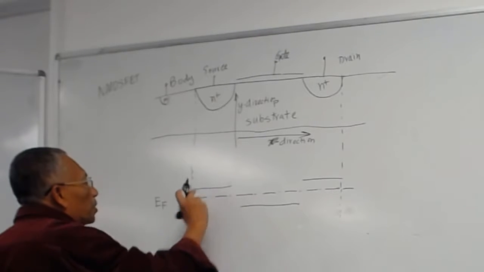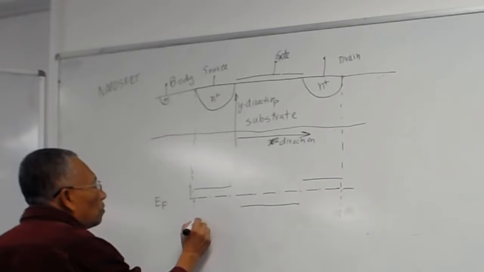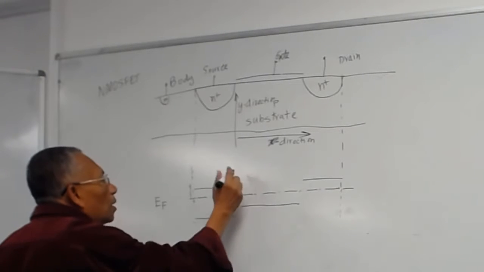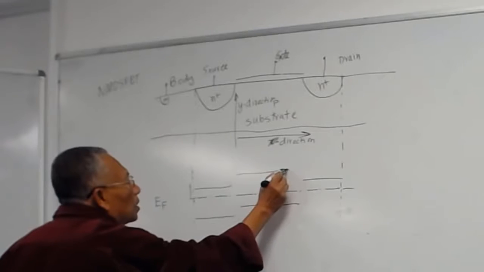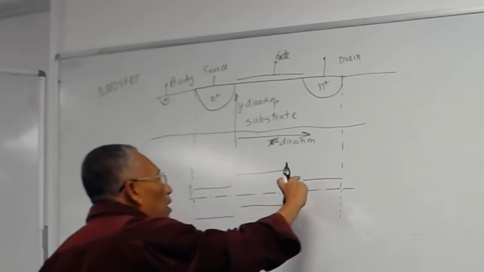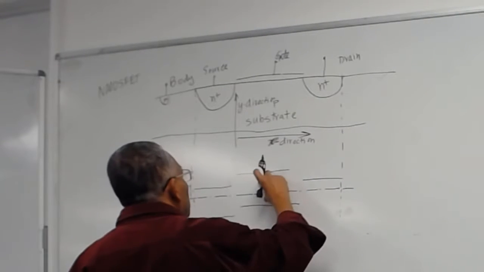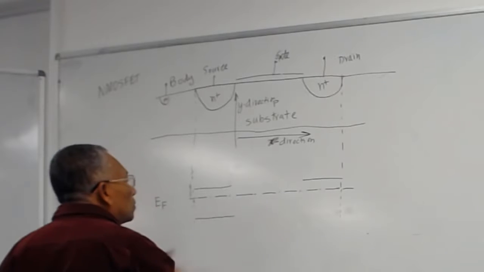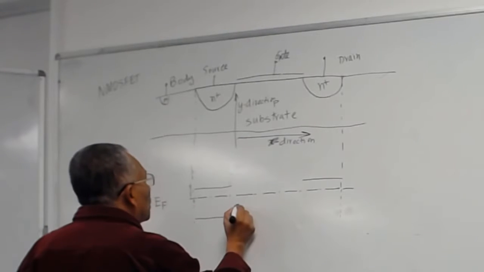Okay. So now you have to make a band gap. Say the gap is this one, 1.1 electron volts. And then you have to make the same gap here, 1.1 electron volts, and make the same gap here. This is a bit large. Make it a bit closer.